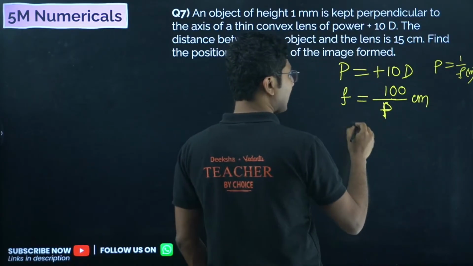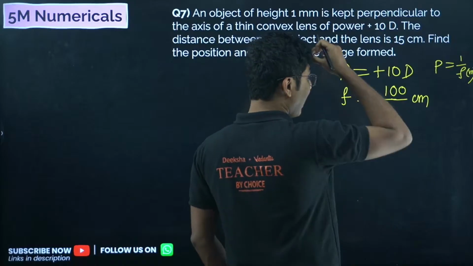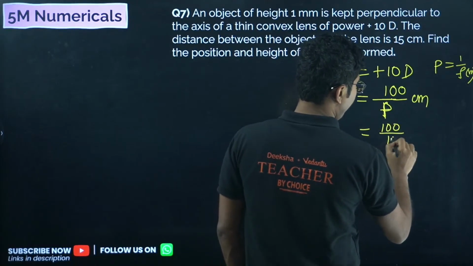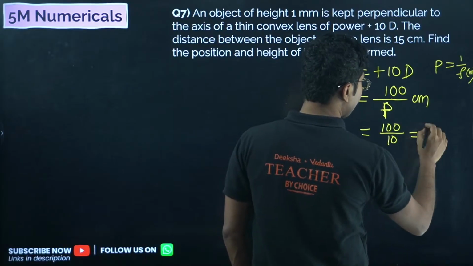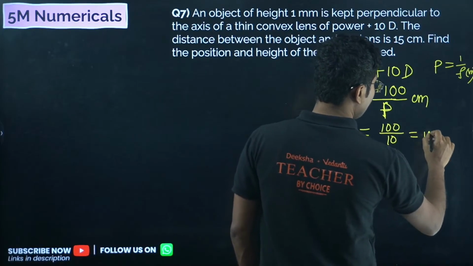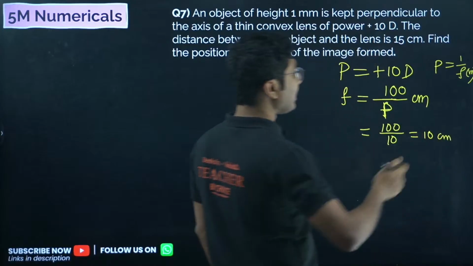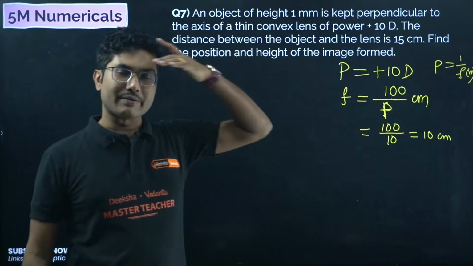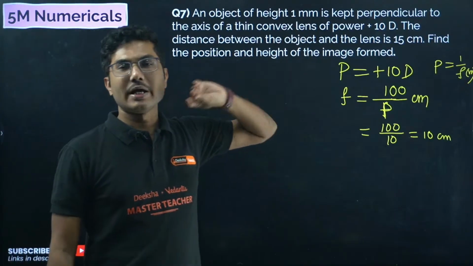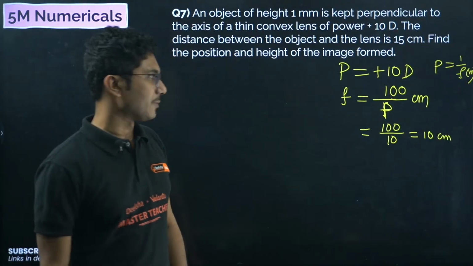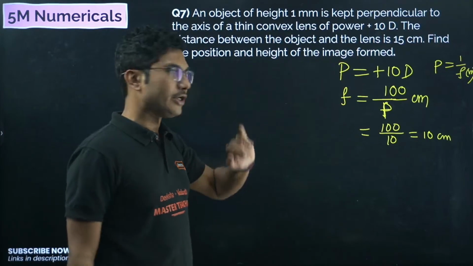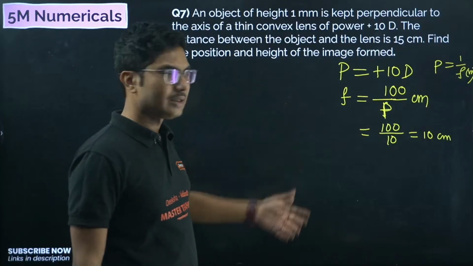So whenever you are calculating focal length back from power, always use 100 by p so that you can calculate the focal length directly. Similarly, if focal length is given and you want to convert it into power, again 100 by f. Directly you can convert the power, so you don't need to convert again and then do the next step.